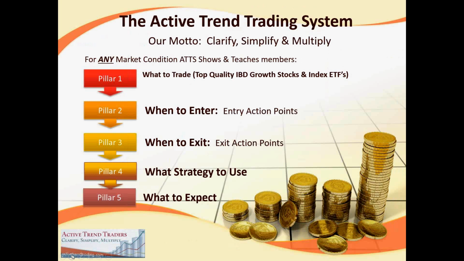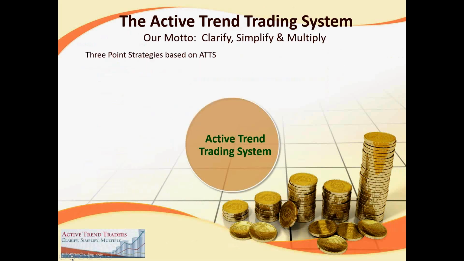One of the things for the active trend trading, we base our system on the 5 pillars of trend trading. We make sure people know what to trade, top quality IBD stocks and or index ETFs, when to enter, when to exit, what strategies I'm going to use, and what to expect.